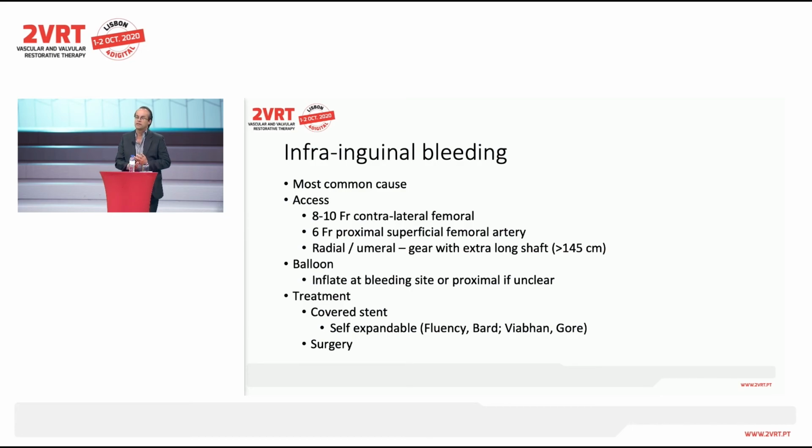You're going to need an 8 French sheath or a 10 French sheath. You can use radial or humeral with longer shaft balloons, not the standard ones, or on a smaller patient, you can get there from the radial. Inflate the balloon, gives you time to decide what to do.